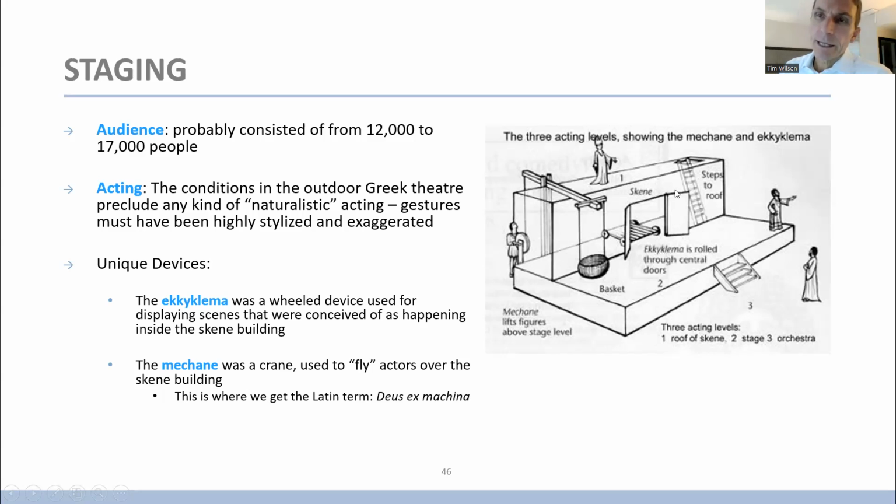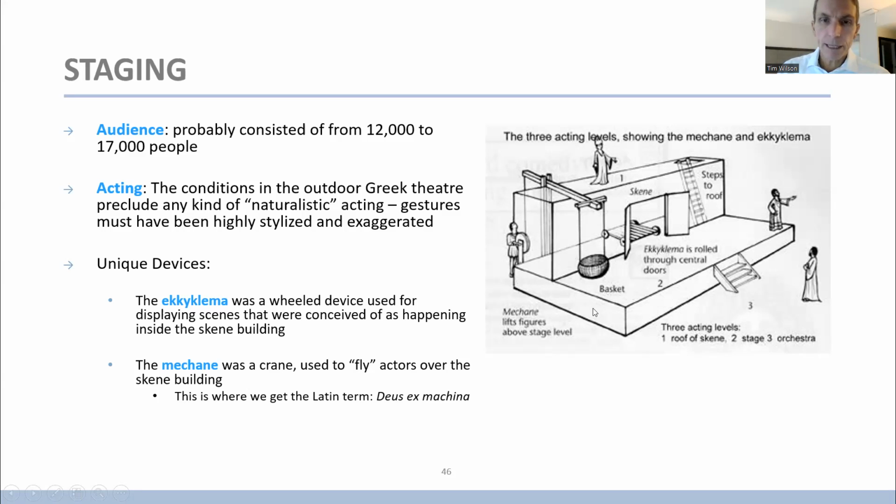In Agamemnon, it represents the house of Agamemnon that he returns to. This ekkyklema may have been used to wheel out Clytemnestra on top, and the bodies of Agamemnon and others, to demonstrate that she had killed them inside the house.